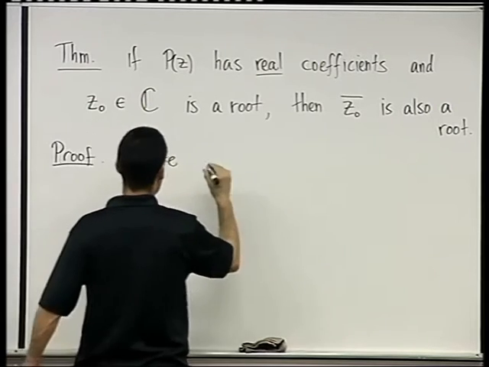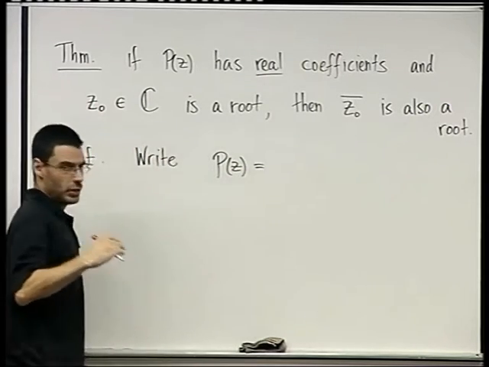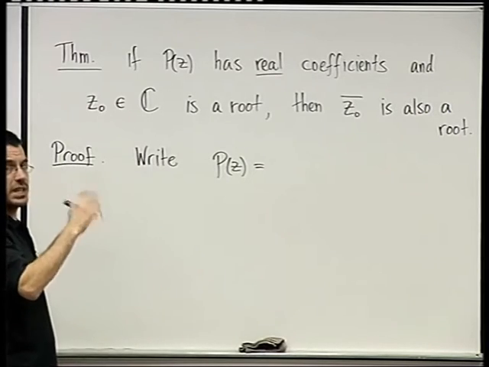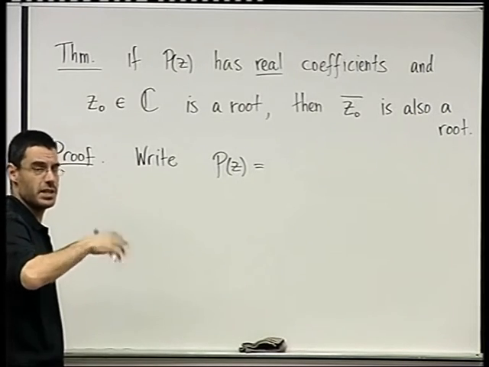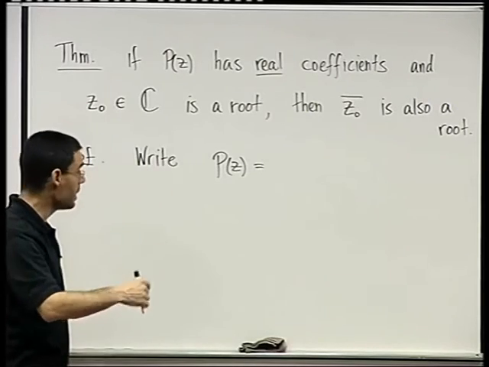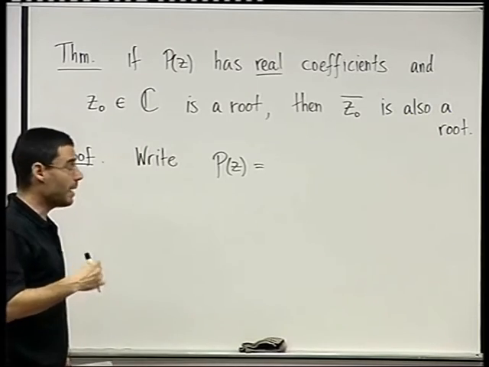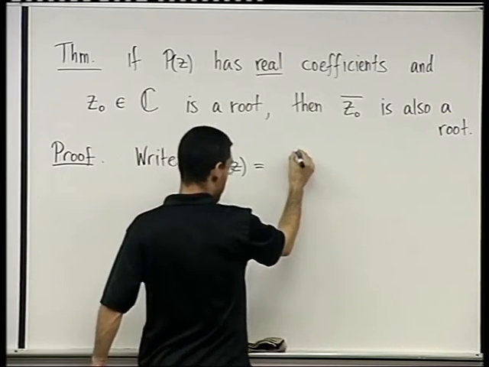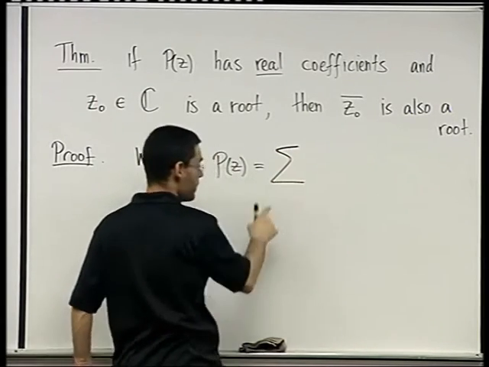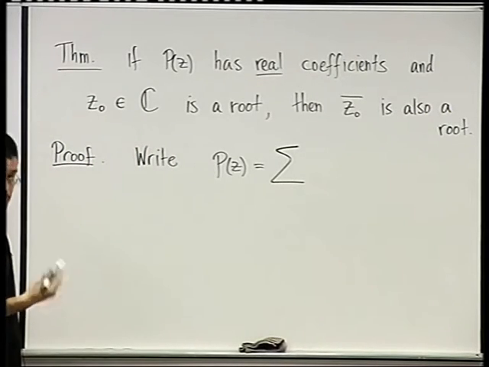The first thing I'm going to do in order to make life easier is not to write all the time an z to the n plus an minus 1 z to the n minus 1 plus an minus 2 z to the n minus 2, etc., because we have to prove this for a general polynomial. I'm going to use the notation of sigma. Sigma, the capital Greek S, is for sum.